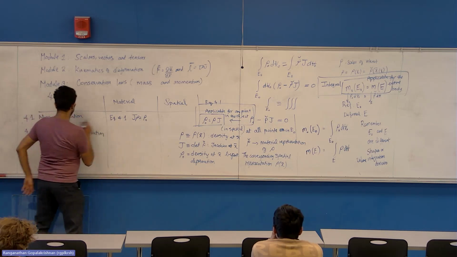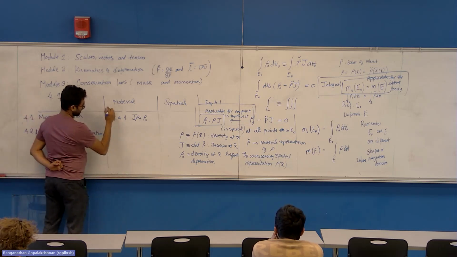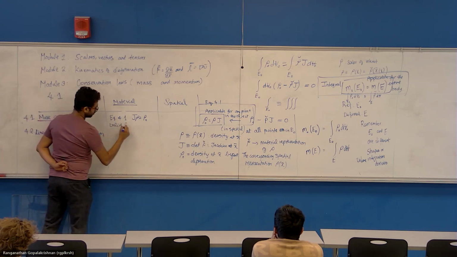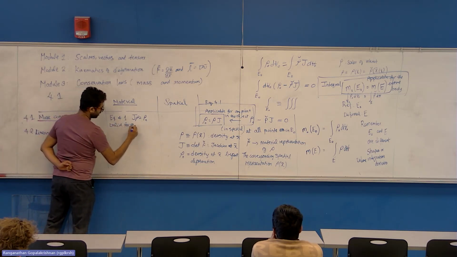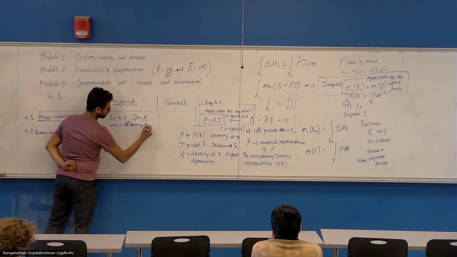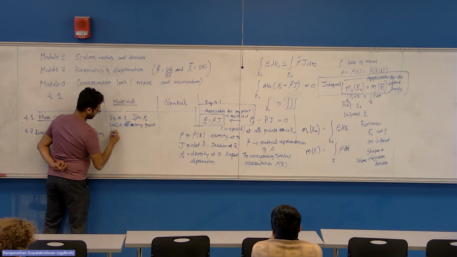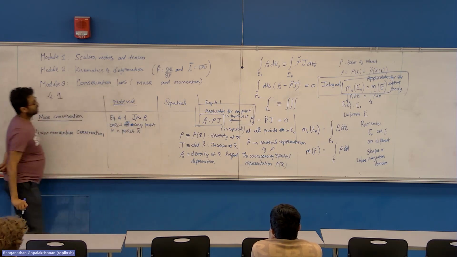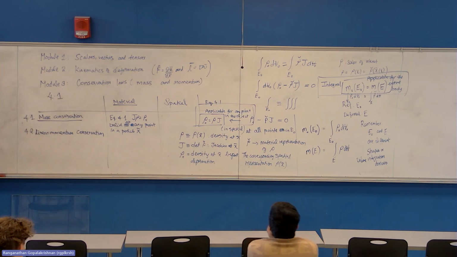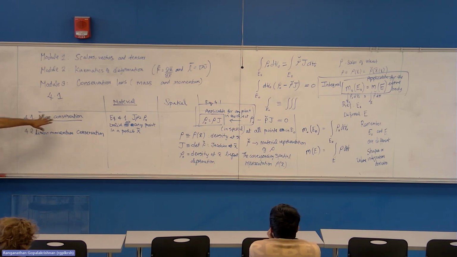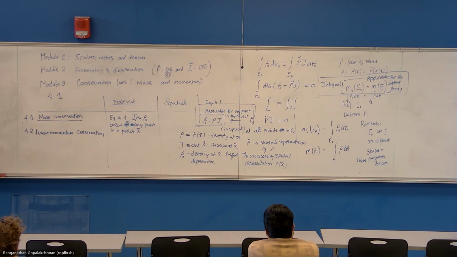If you want, I'll write it here: mass conservation in material coordinates, valid for any point in a particle, which we define by the particle vector or material vector X. So we have accomplished 1 out of 4, one of the things which we set out to derive.